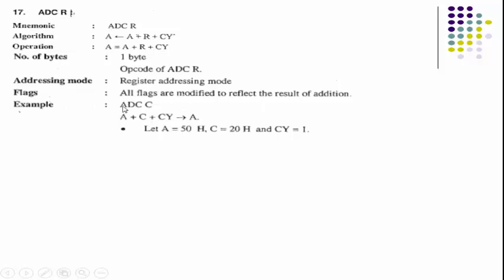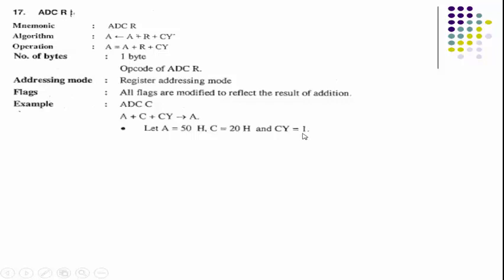Simple example, ADC C. This ADC C instruction adds the accumulator with the C register and carry flag bit, and the result you will get in the accumulator. Suppose in the accumulator we are having 50 hex, C register with 20 hex, and suppose the carry flag is set, that is logic 1.